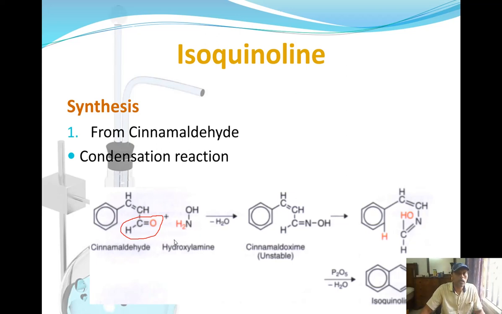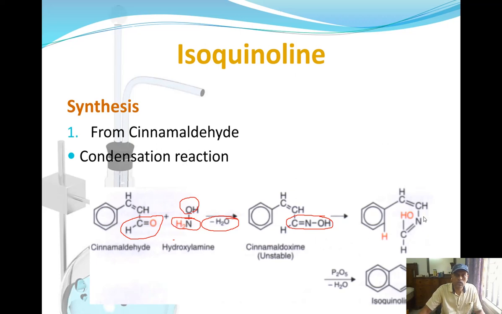And you have to react that with hydroxylamine. This is the hydroxy group, this is the amine group, hydroxylamine. Condensation reaction, removal of water, you're going to get an oxime. This is the oxime group, okay. The compound is cinnamaldehyde oxime. It is very unstable. It gets rearranged to this compound.